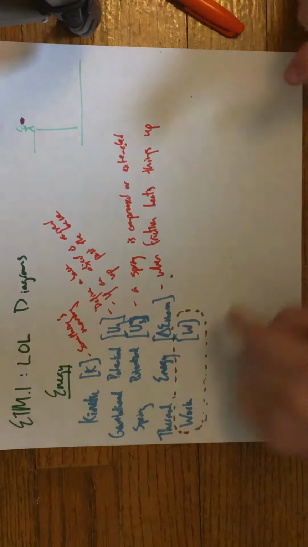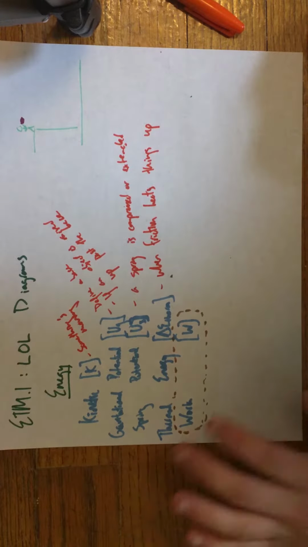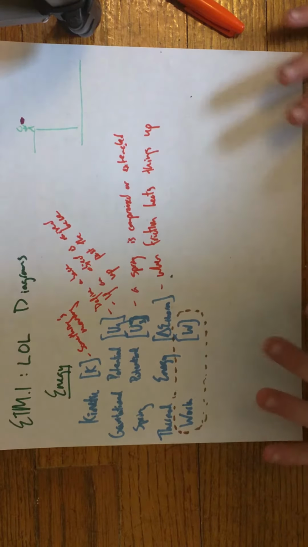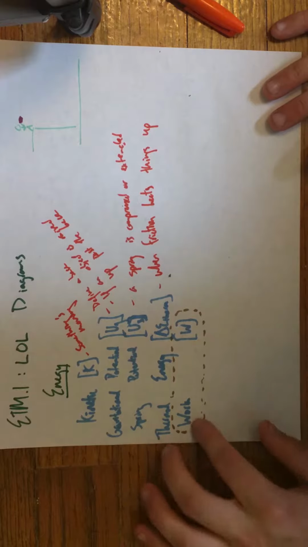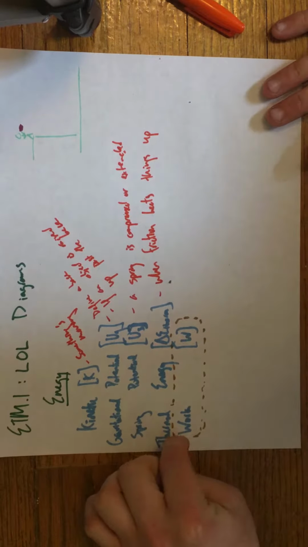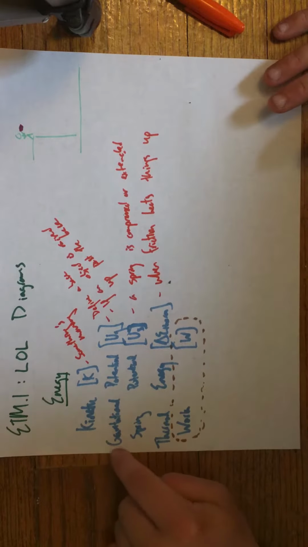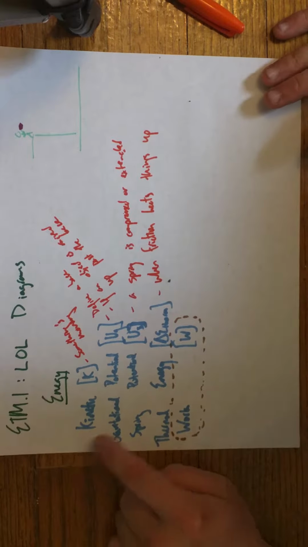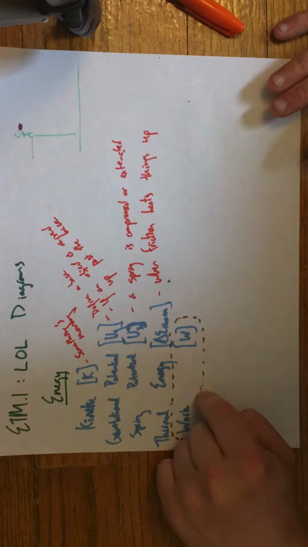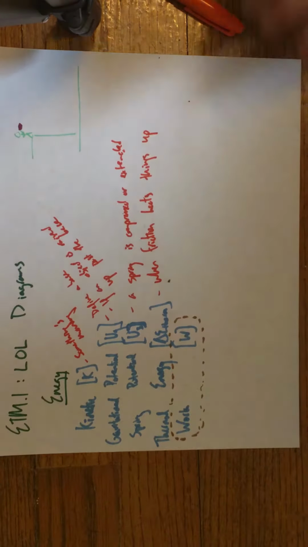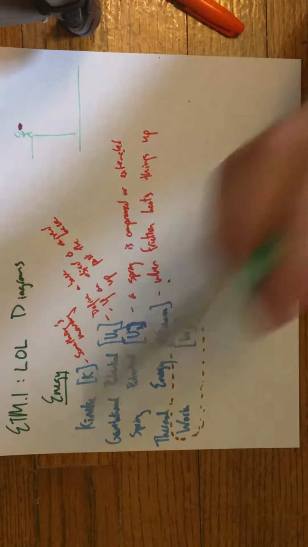The last thing I have put in a dash circle, which is work, which really isn't a type of energy, but we're going to talk about work and how it will change the energy within each bucket or reservoir. So if work is happening onto a particular object, then the energy will change.